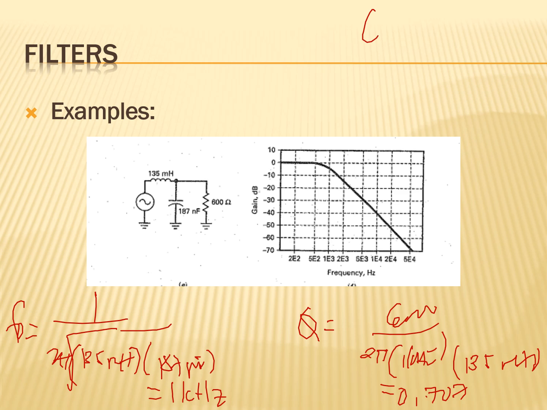Every time you see a Q that is 0.707, the resonant peak disappears and the passband becomes maximally flat. Any second order filter with Q equivalent to 0.707 always has a Butterworth response. That is how you can get a Butterworth response for a second order filter.